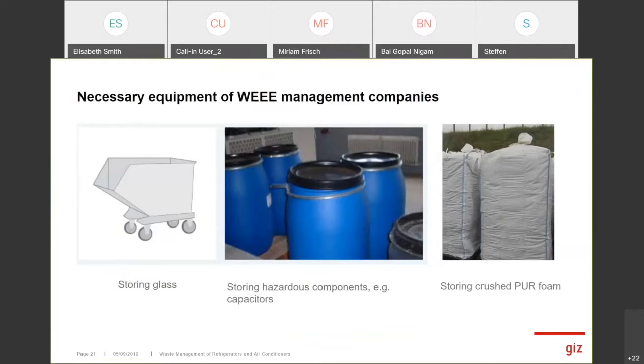So it is important to execute sorting of glass, sorting hazardous components in an appropriate manner. For example, the capacitors, that they will be stored in containers which are useful for this purpose, and storing of the crushed pieces of PUR foam.